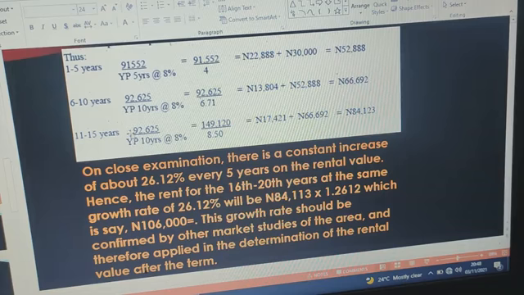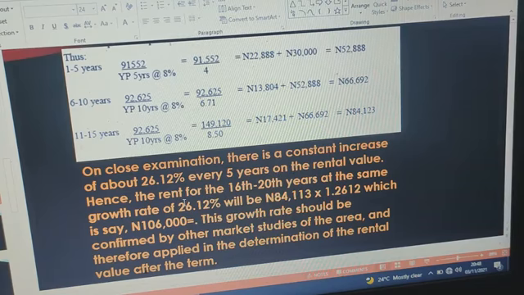11 to 15 years: 149,120 equals N17,421 plus N66,692 equals N84,123. YP 10 years at 8%, 8.50. On close examination, there is a constant increase of about 26.12% every 5 years on the rental value.